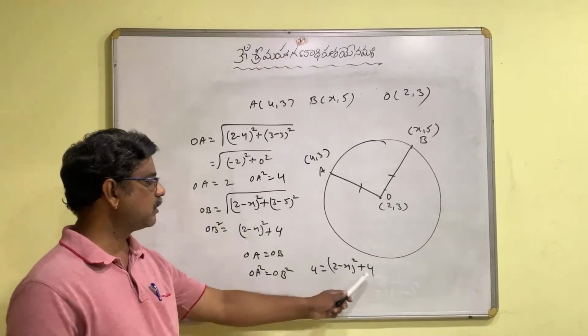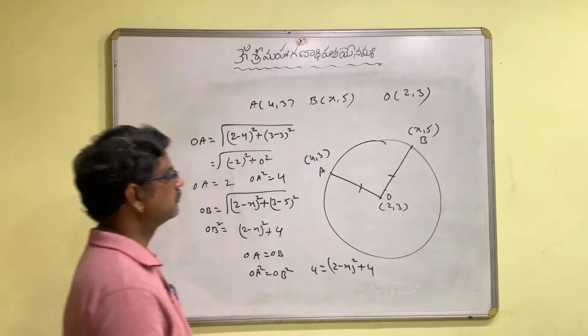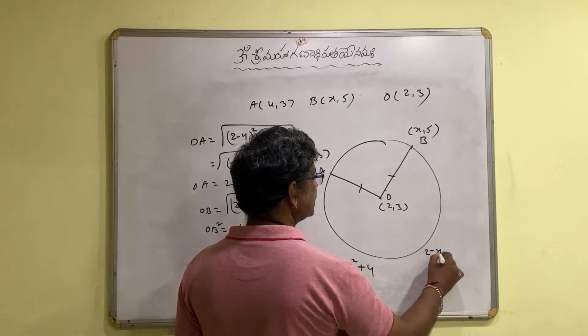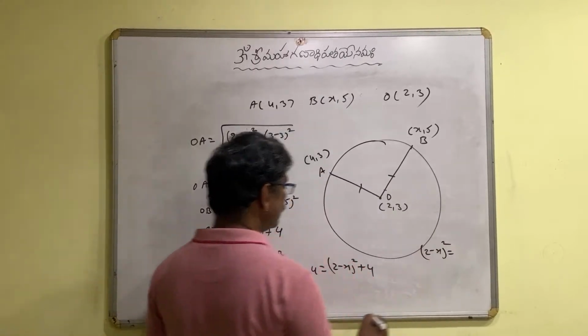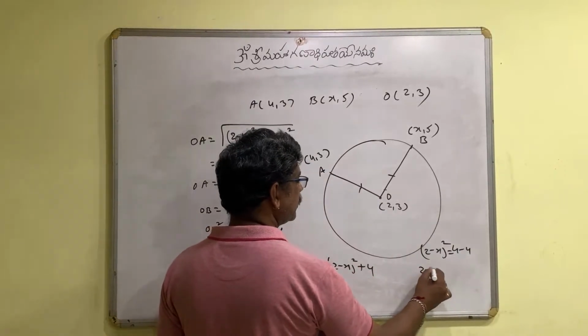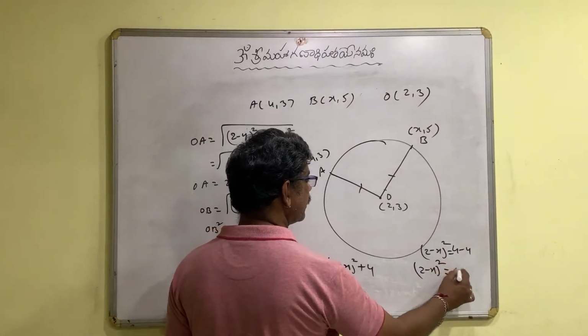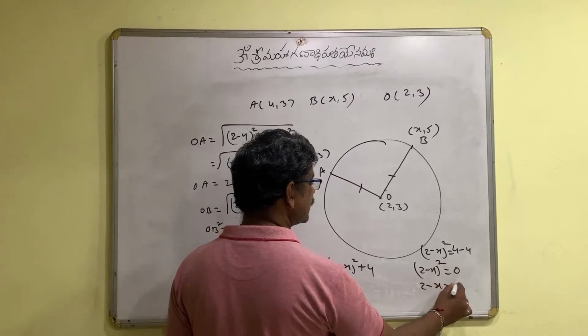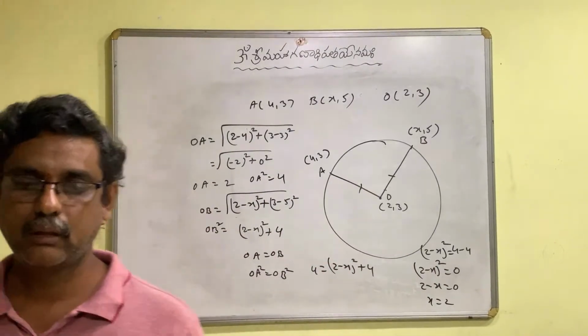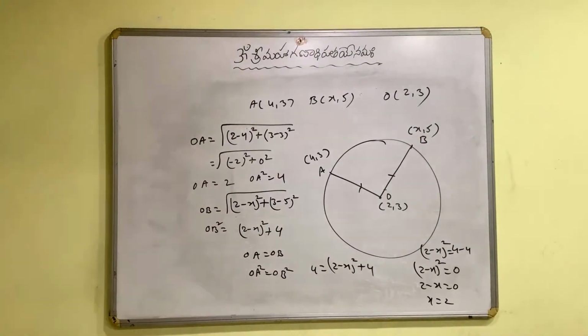So 4 is equal to this. Now simplify. (2 minus x) whole square is equal to 4 minus 4, which is 0. And then 2 minus x is 0. x is 2. The value of x is 2.